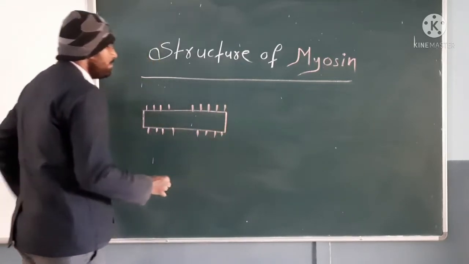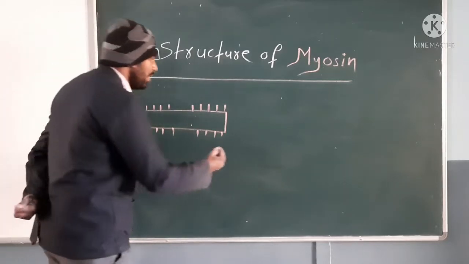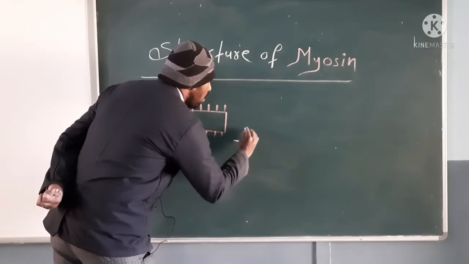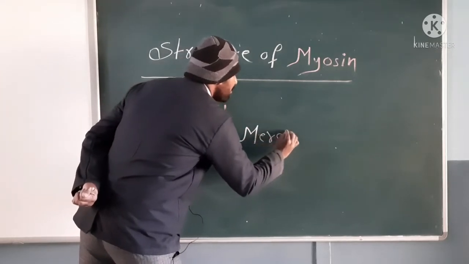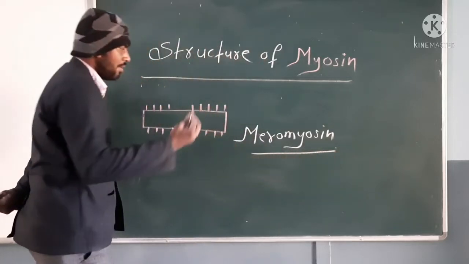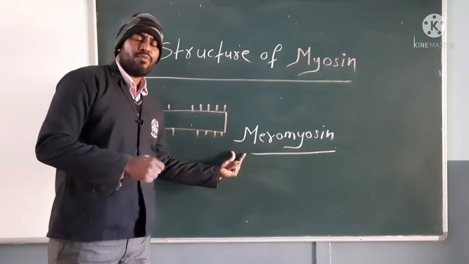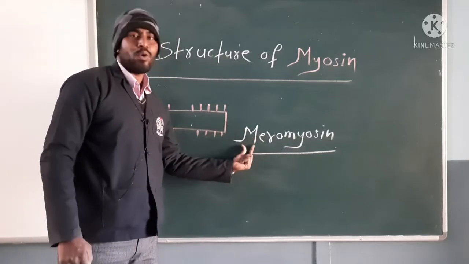So this myosin protein is made up of monomers of protein called meromyosin. We have to keep in mind that this myosin protein is made up of a number of monomers called meromyosin.